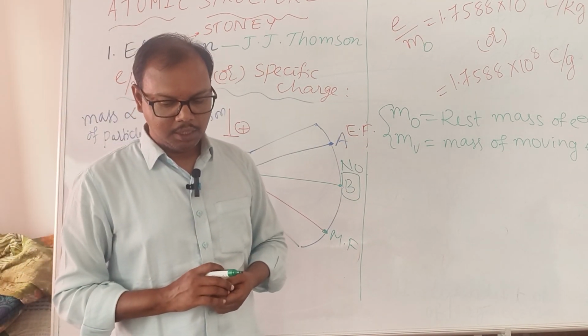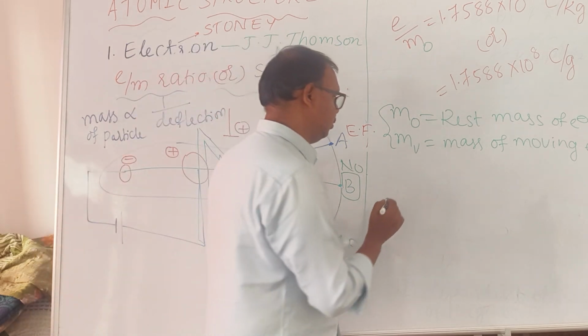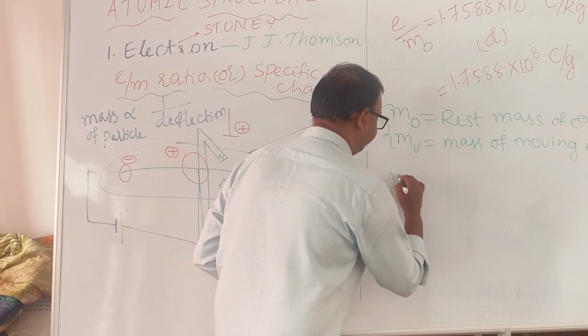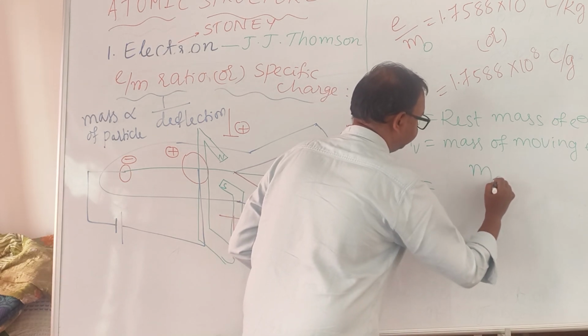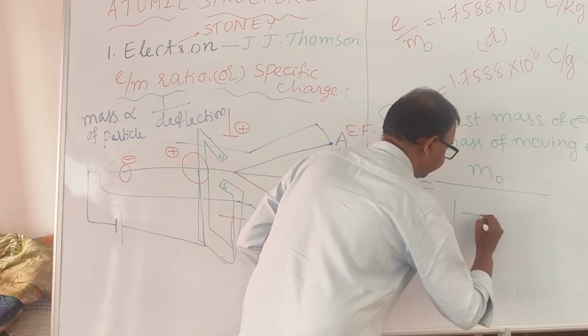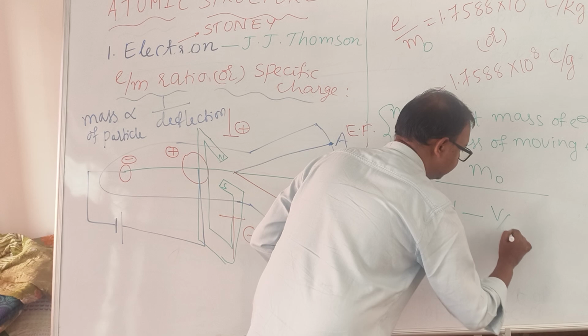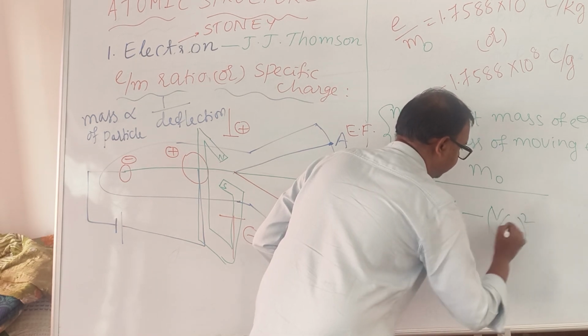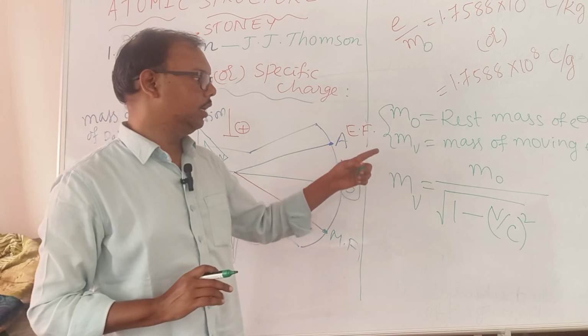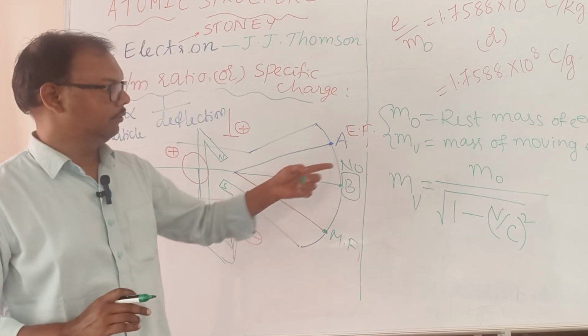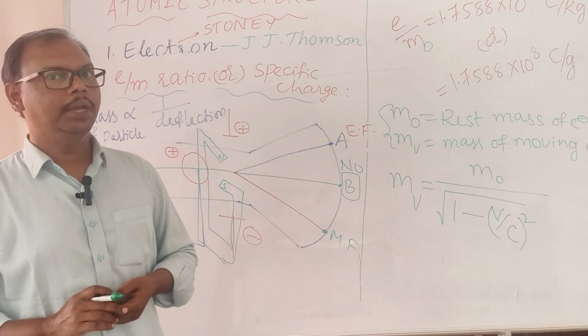The mass of the moving electron, you can consider it as mv is equal to m naught by square root of 1 minus v by c whole square.